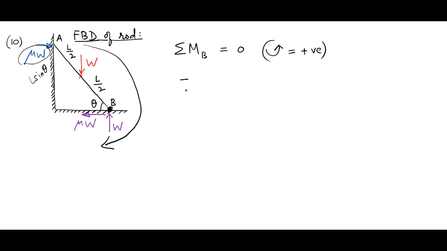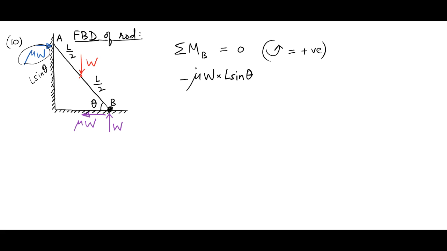It's minus mu times W, that's the force, and I multiply the magnitude of the force by the perpendicular distance between the line of action of the force, which is the line I drew from the point B. So this is nothing but L sine theta. It's the same L sine theta I've written over here. So I have to multiply this by L times sine theta.